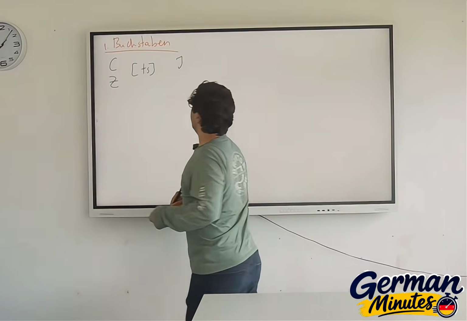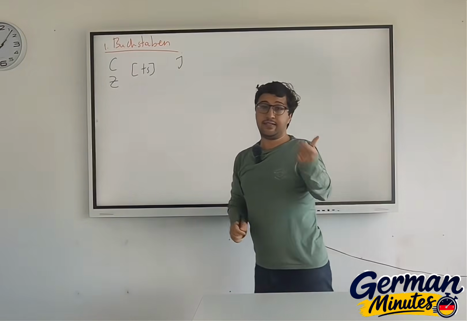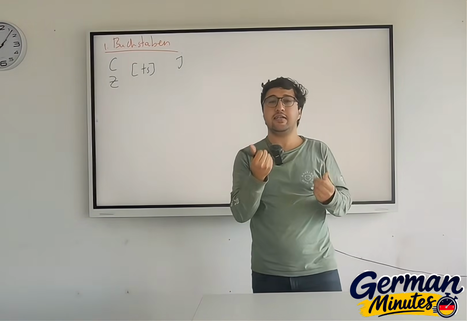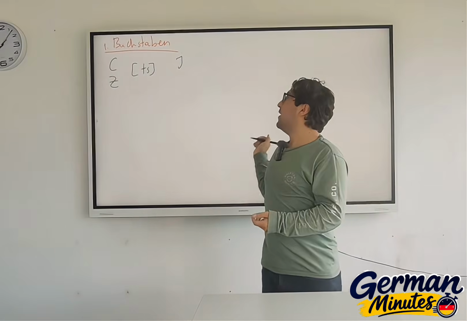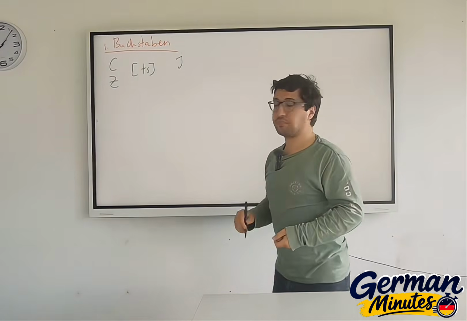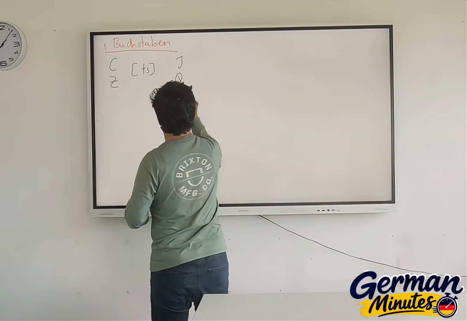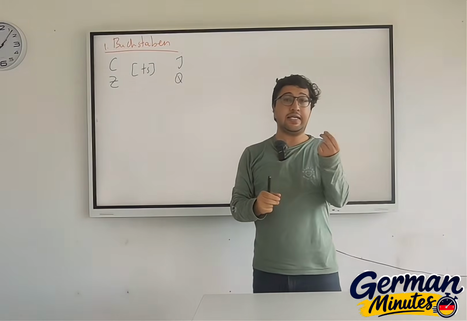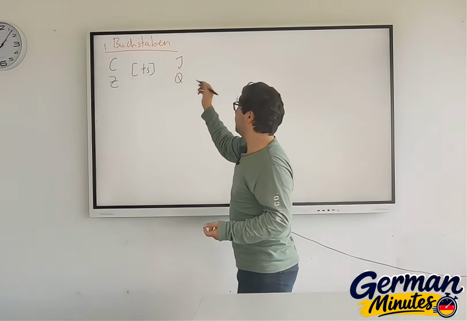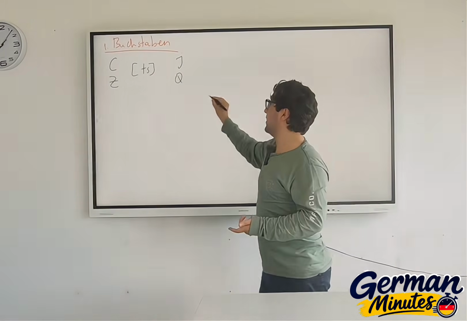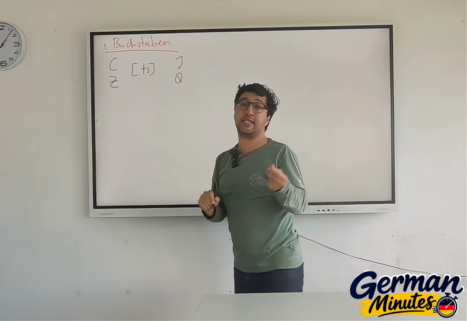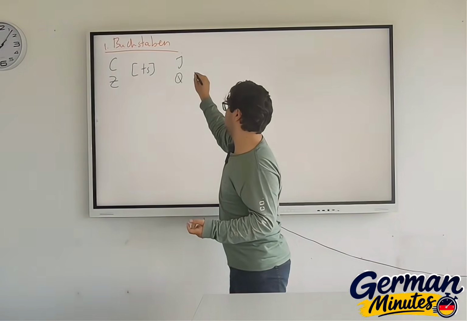Next letter, J. It's the letter name, but it's actually sound Y, like in English, yes. And next one, we look at Q, the sound K, but when it's with vowels, it's like Quartet, for example.